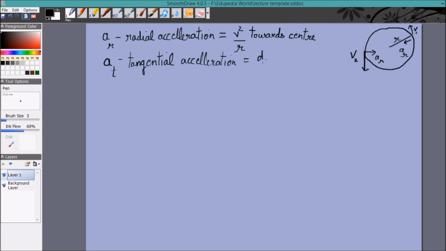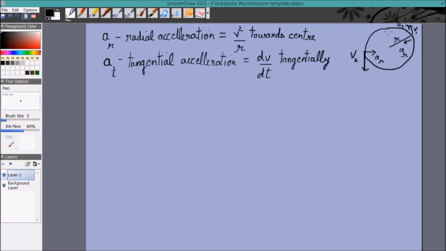The magnitude is dv by dt, that is the rate of change of speed, and the direction is tangential. That is the same as the direction of instantaneous speed. So this is AR, and in this direction we'll have AT.